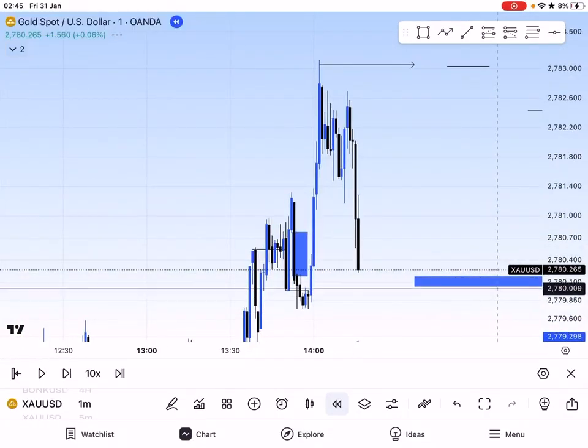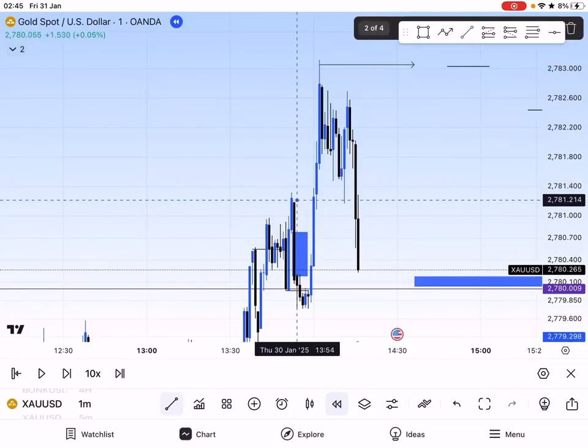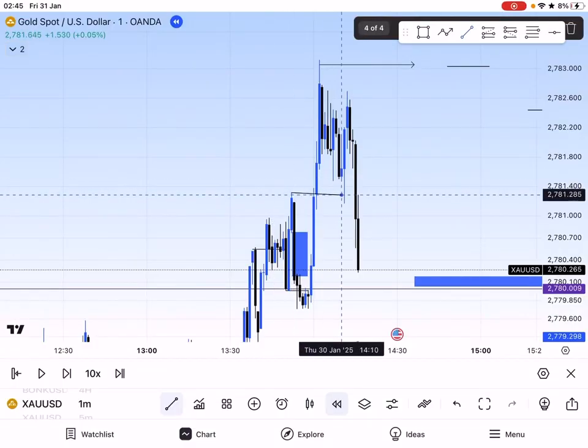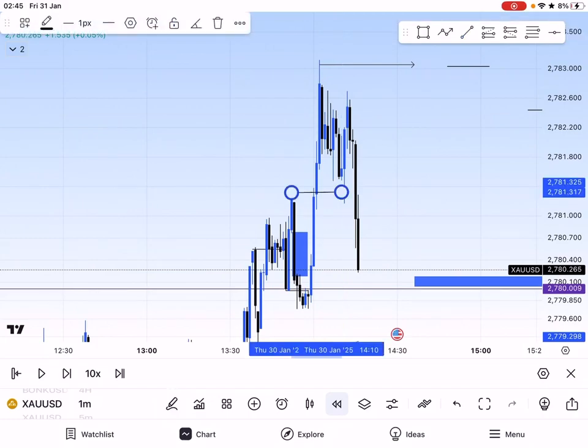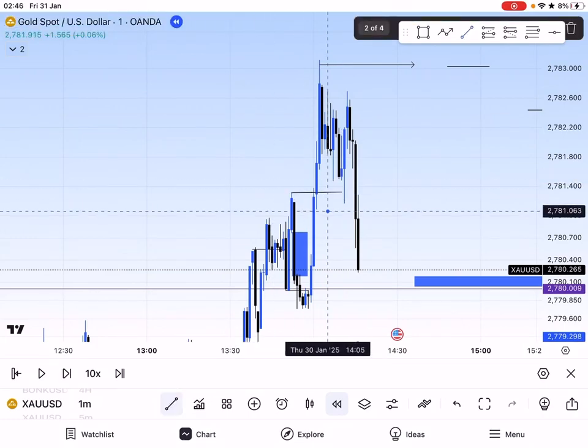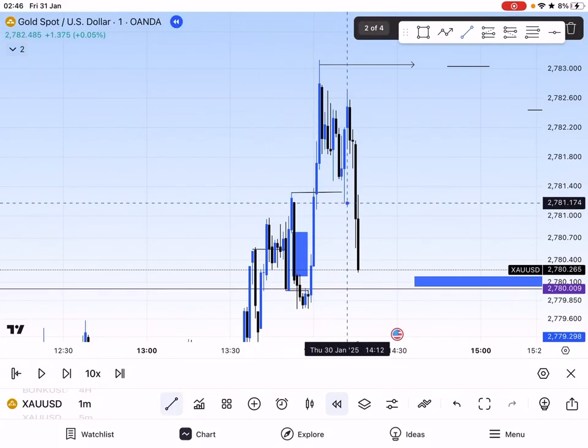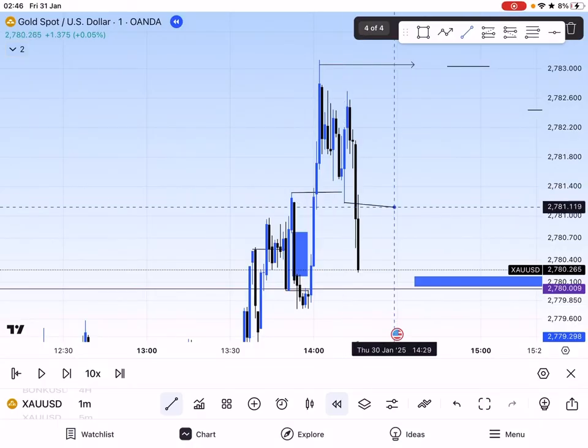This was so clear and obvious, and you can see the break of structure happened here. The break of structure happened here, and then we had the inducements, which was here. So you can see the inducements.